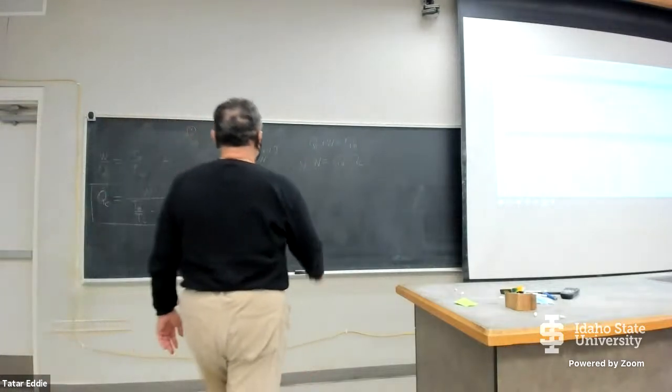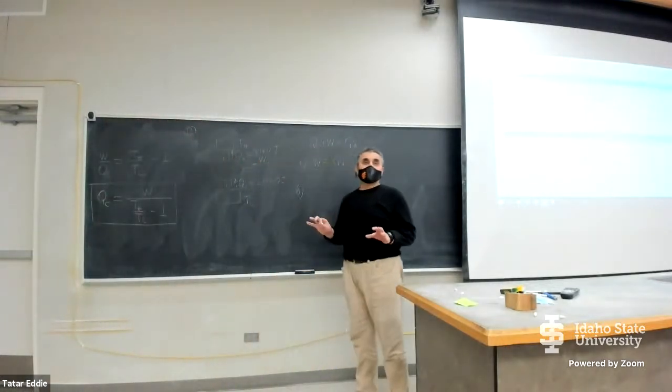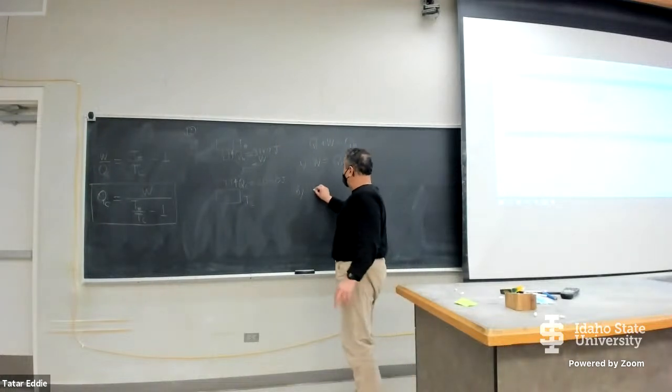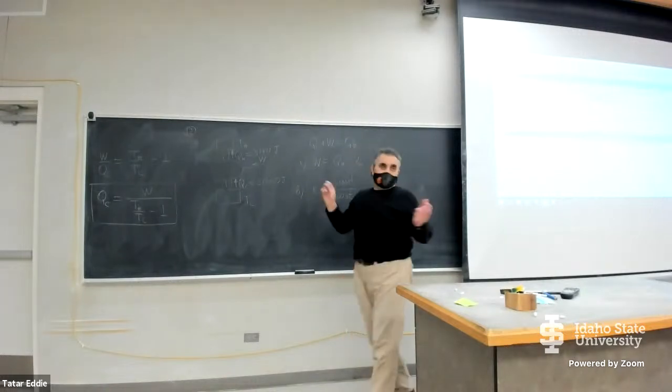By definition, K, the coefficient of performance, is always defined as what you want divided by the price that you pay for it.